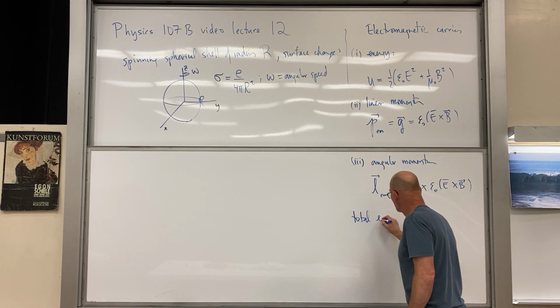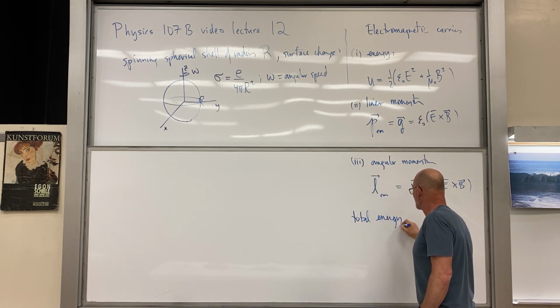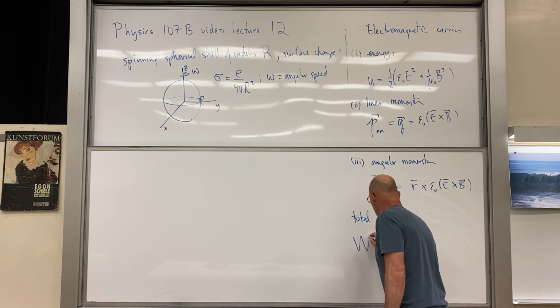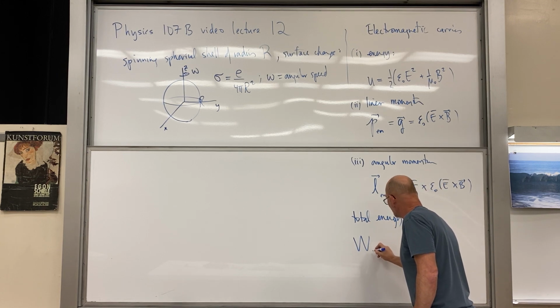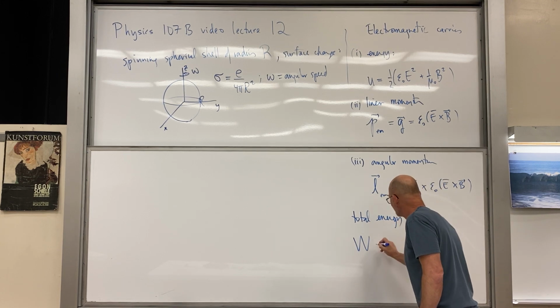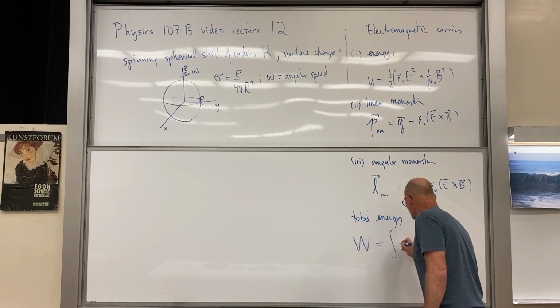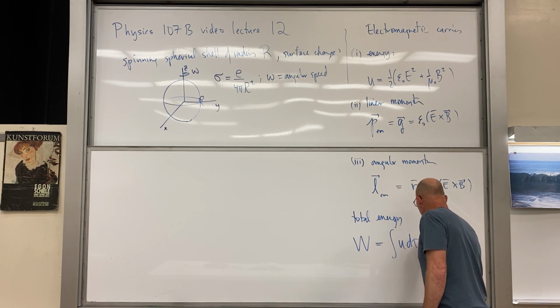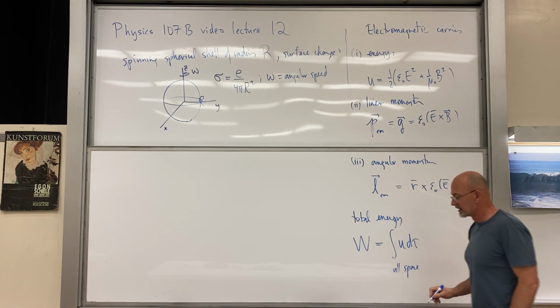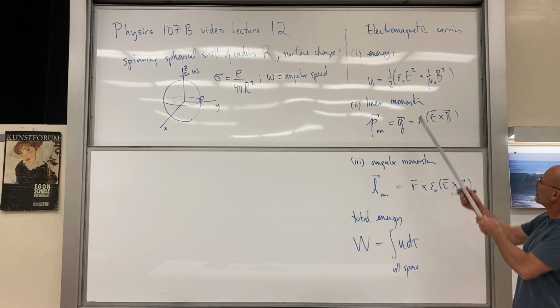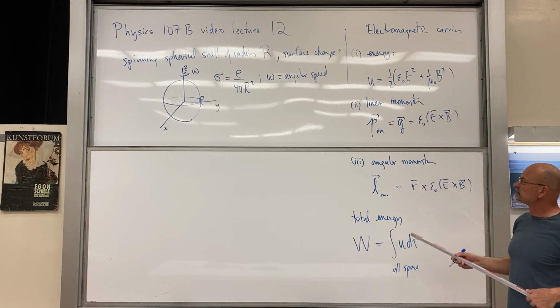So total energy, for example, for the electric: integral of U_E d volume over all of space. Okay. And the same thing for the linear momentum and the angular momentum.